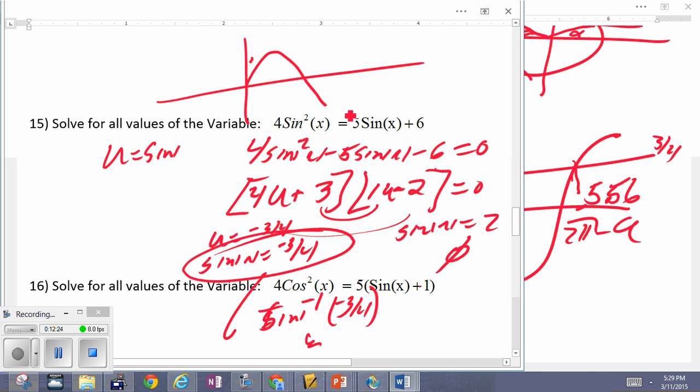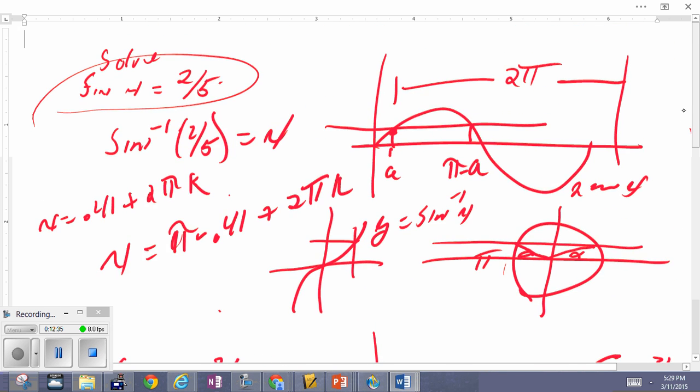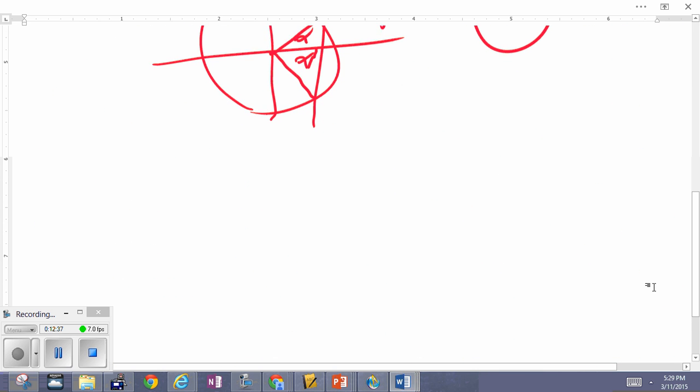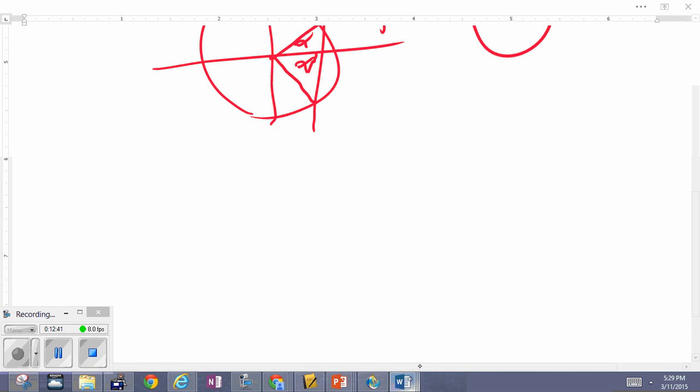Here comes our sine graph. Here comes the negative 3/4. It's going to give me this value. Okay, sorry about that. Here we go, come back.